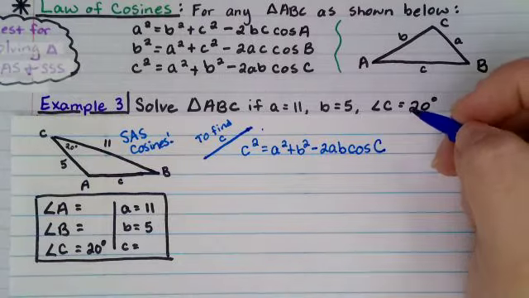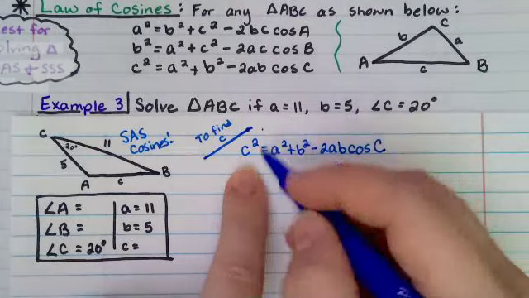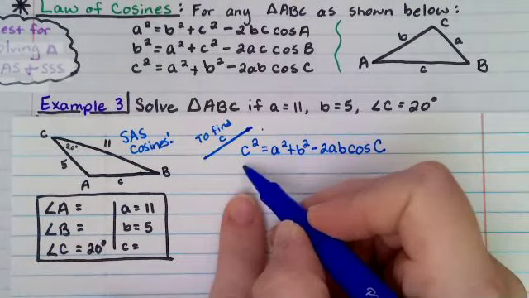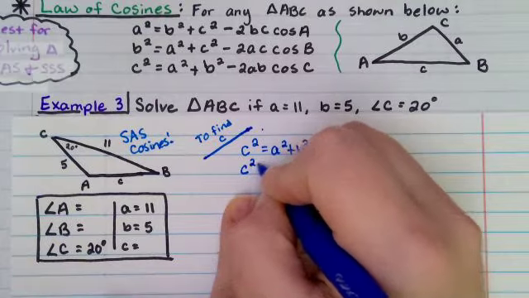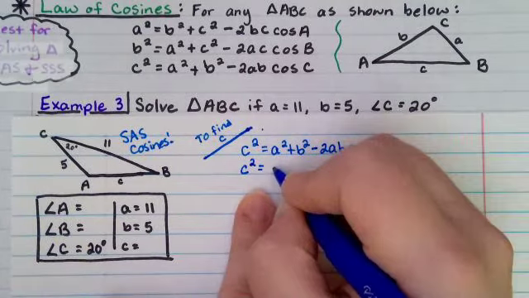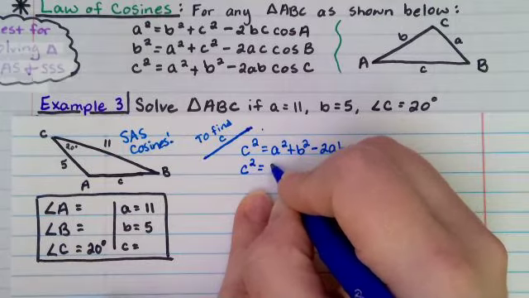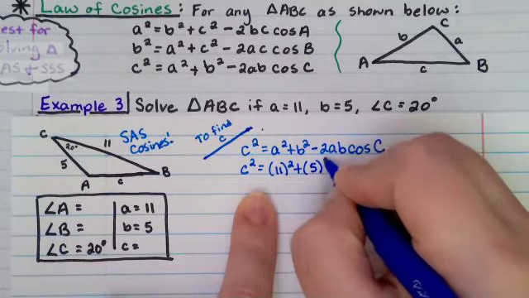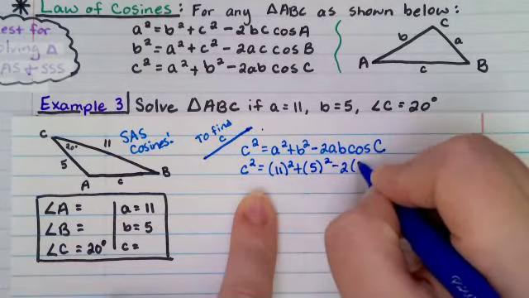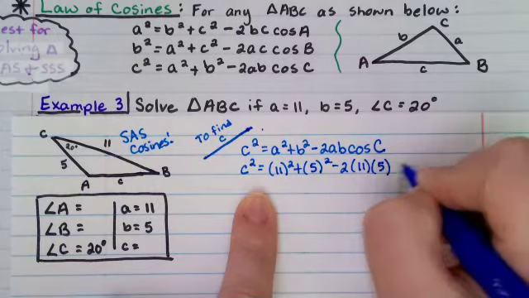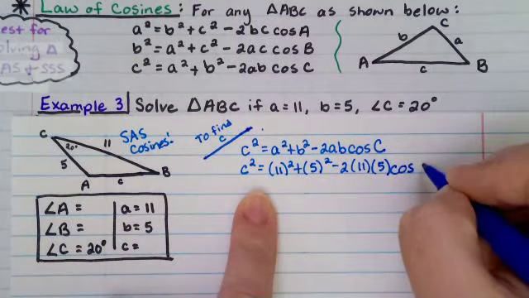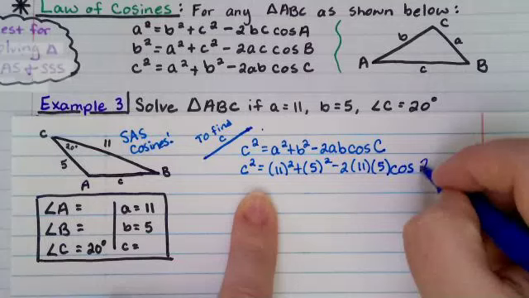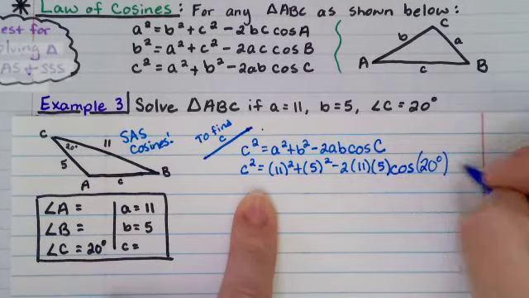All right, so let's solve this. I don't know C, that's cool. But I do know everything else. We're going to plug in the A, 11 squared plus B, 5 squared, minus 2 times A times B, cosine of angle C. Angle C we do know as 20 degrees.